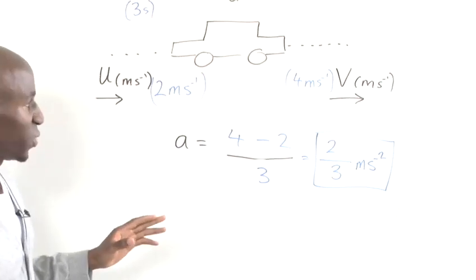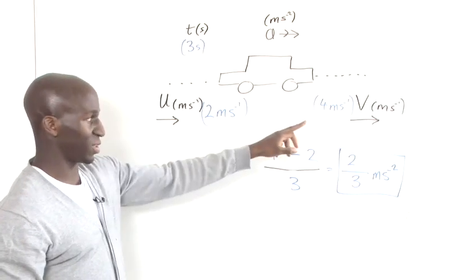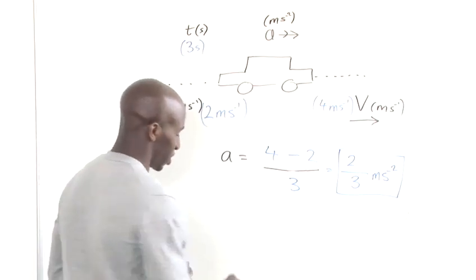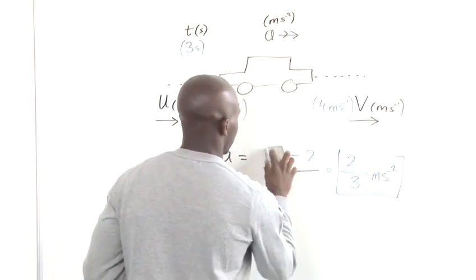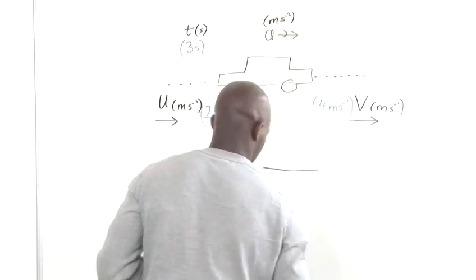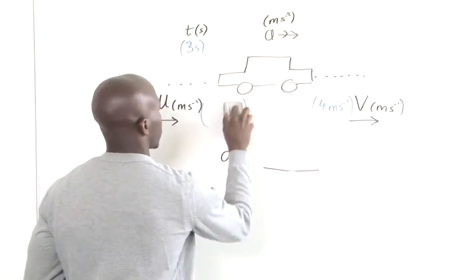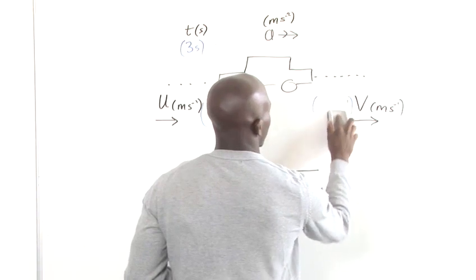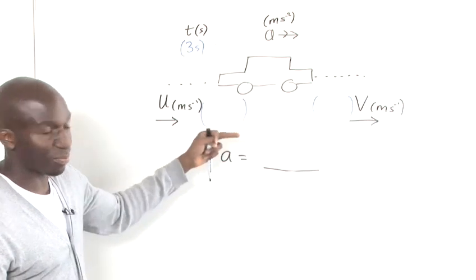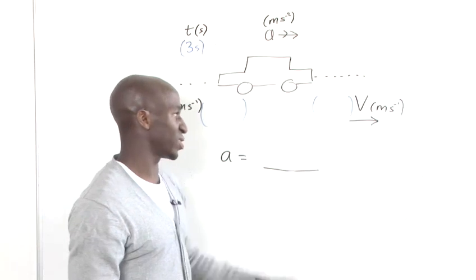Now, the second situation is where your initial velocity is bigger than your final velocity, i.e. implying a deceleration. So your car's going slower. We'll use the same time period as before, but we'll change the values for our initial and final velocity.